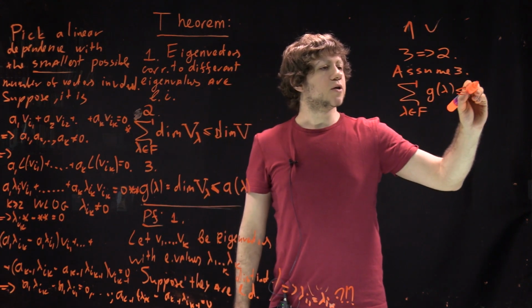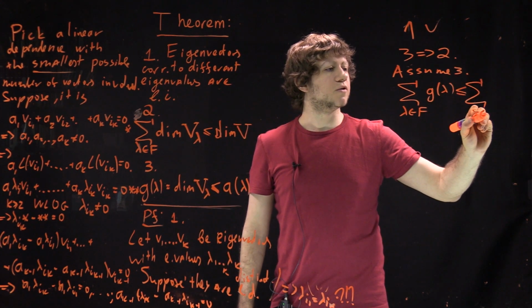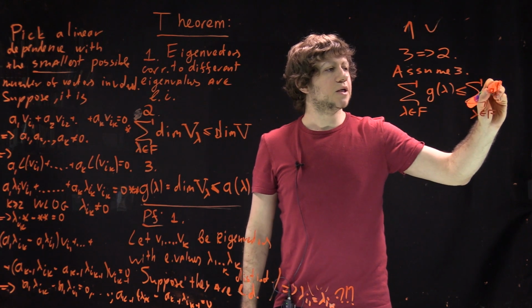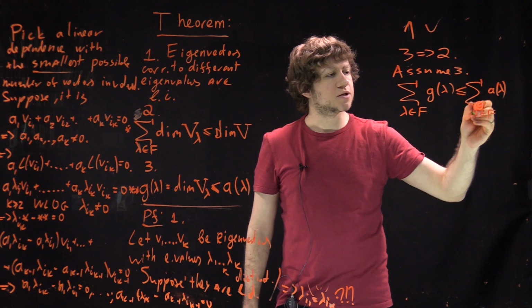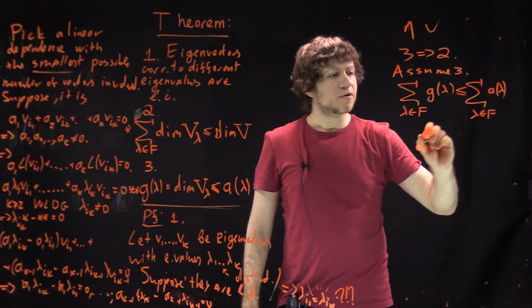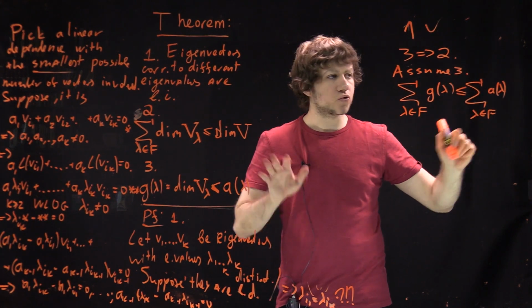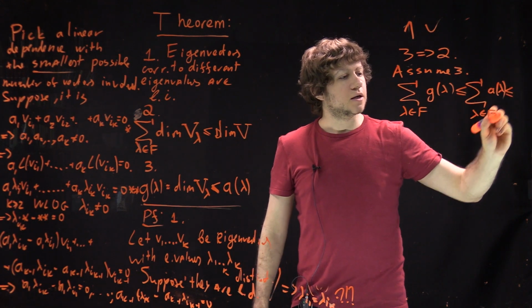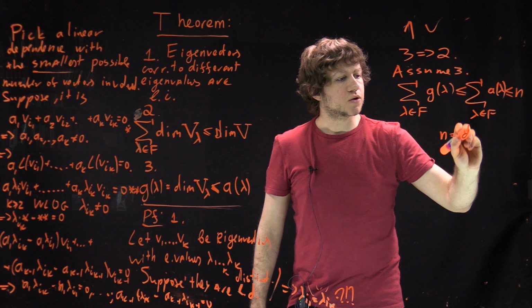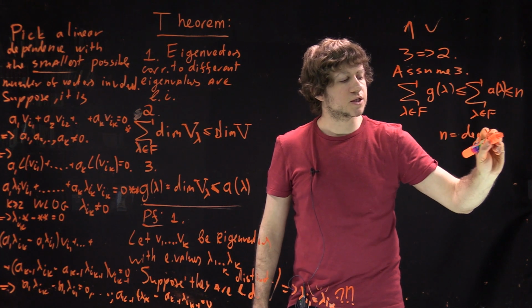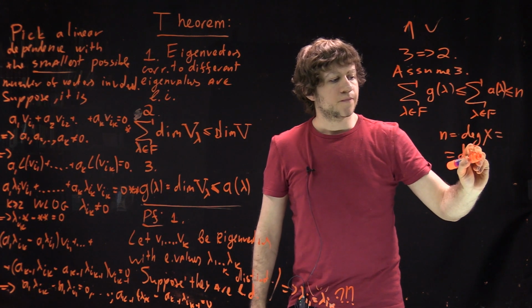So this is less or equal than the sum over lambda of f_A of lambda. These are multiplicities of roots, and remember that the sum of multiplicities of all roots is less or equal than n, where n is the degree of the characteristic polynomial, which is the same as the dimension of V.